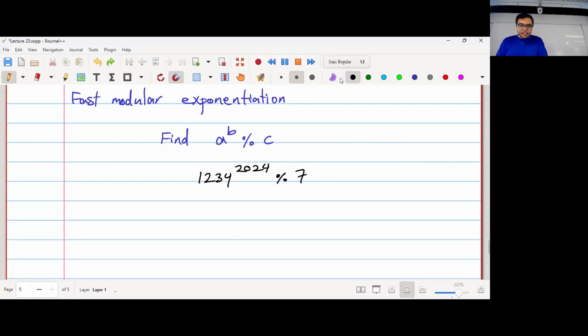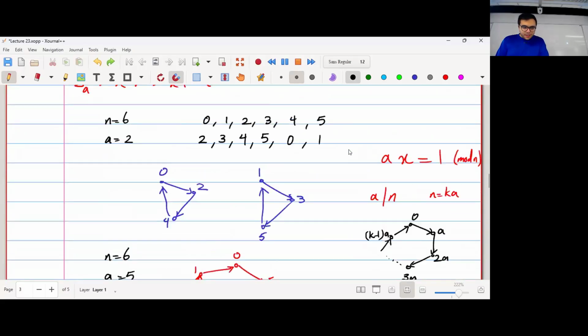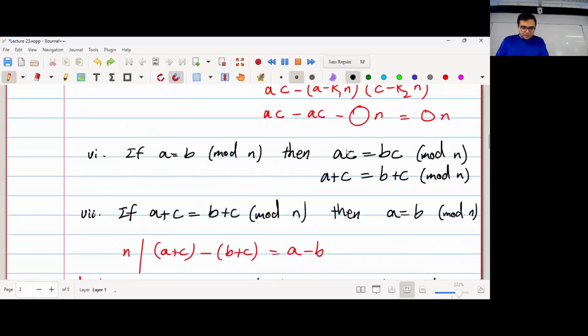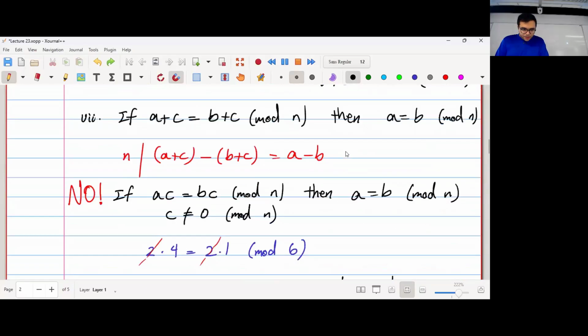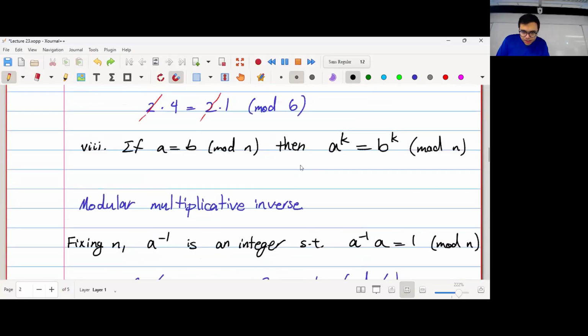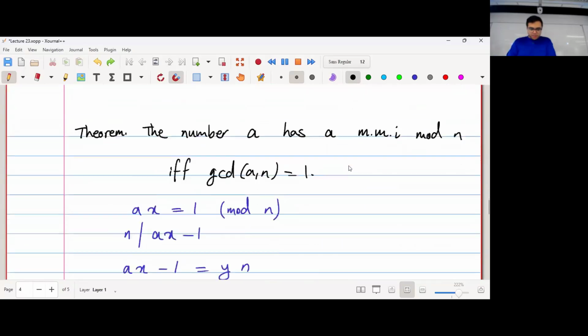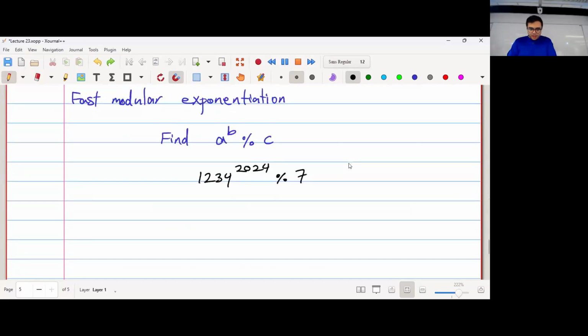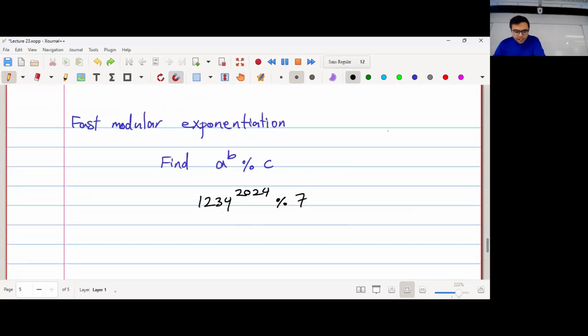So here's the thing. I can use this last trivial equality that I had here. Where is it? Oh, this one, right? And I also have this for multiplication. So basically, suppose that I want to find A to the power of B. I can just find A to the power of B over 2 and multiply it by itself, right?